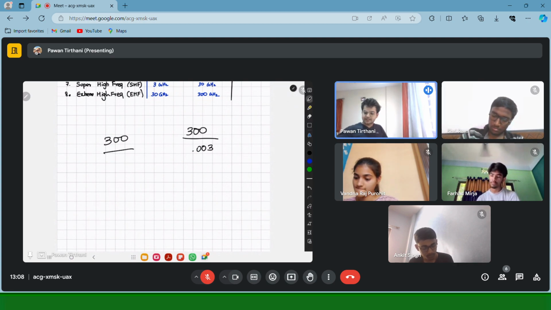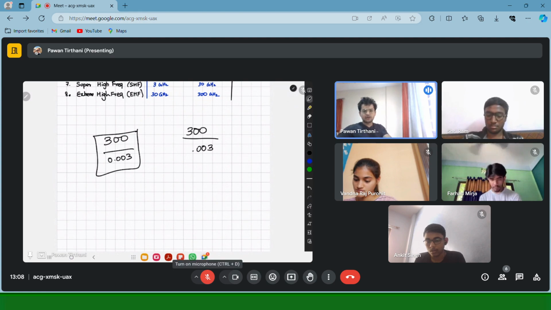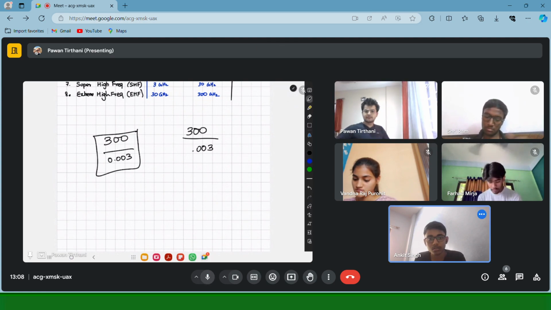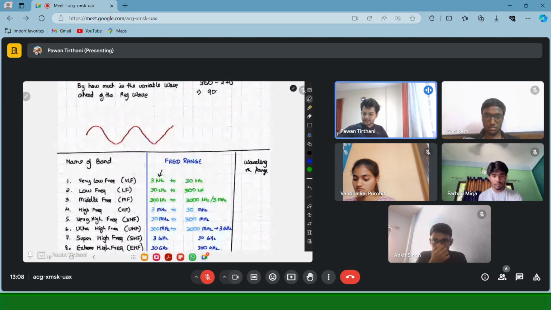Divide this by 1000. So you will get 0.003. Put this in your calculator. What do you get? 100. Do you get this value? But this is in meter. So this can be 100 kilometer.